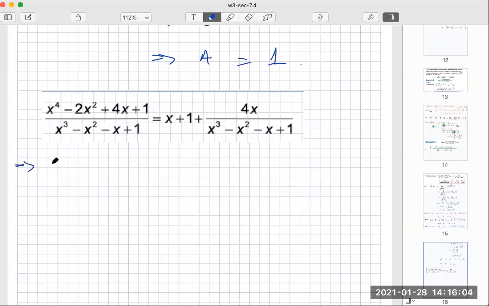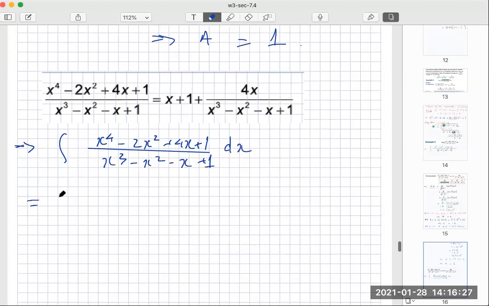Let us write it this way. Integral of x to the 4th minus 2x squared plus 4x plus 1 divided by x cubed minus x squared minus x plus 1 dx.